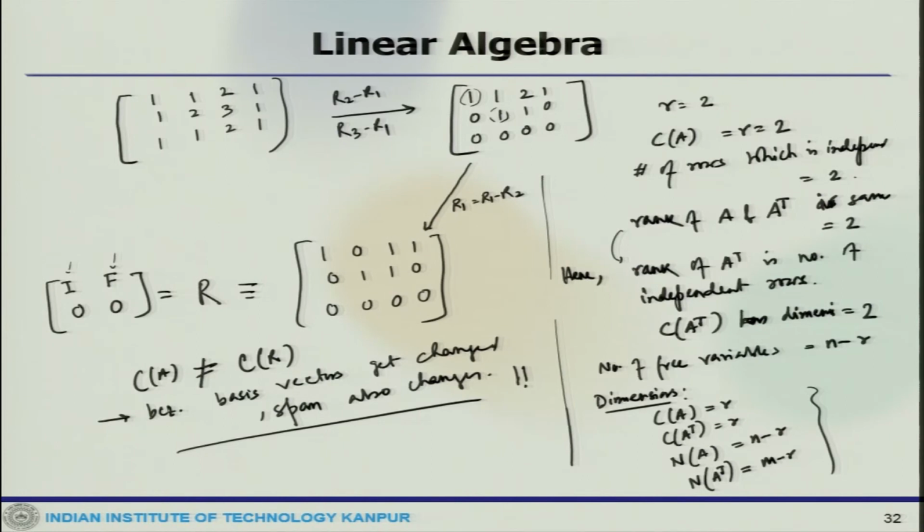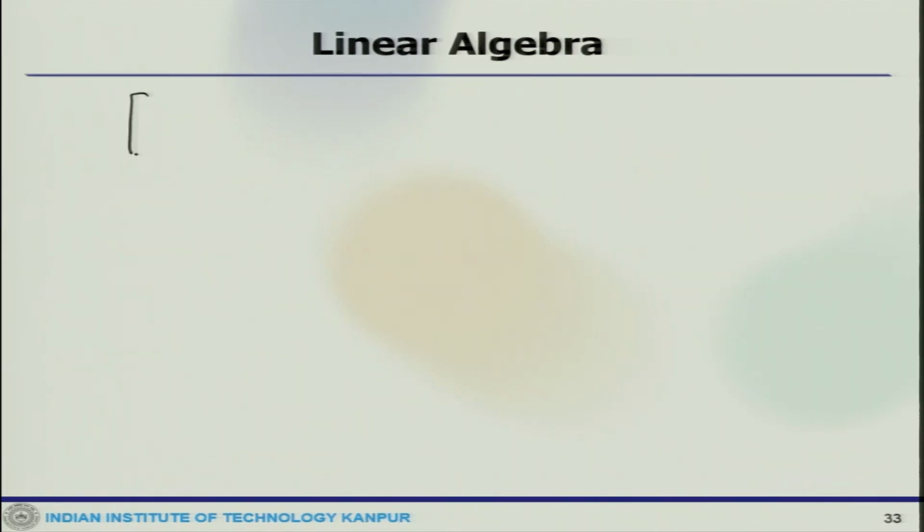Okay. So, now in this particular case, we can say that A m into n is I n into n, A m into m, which is row reduced m into n, elementary m into m.